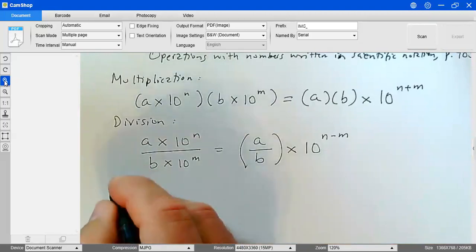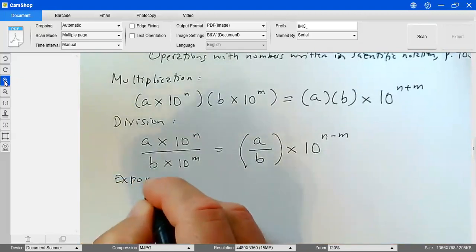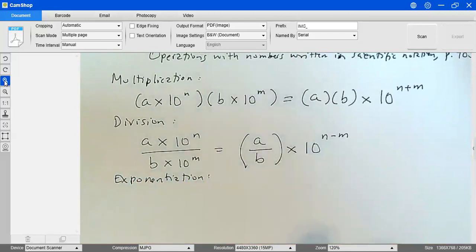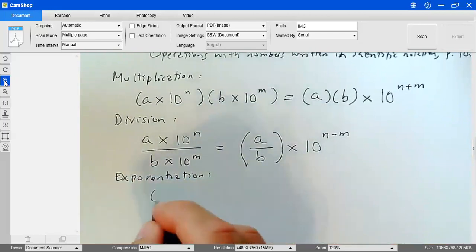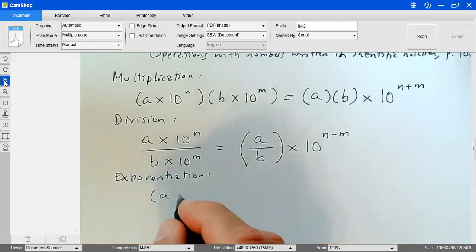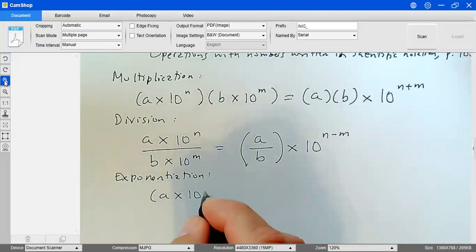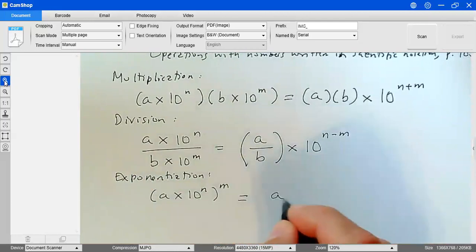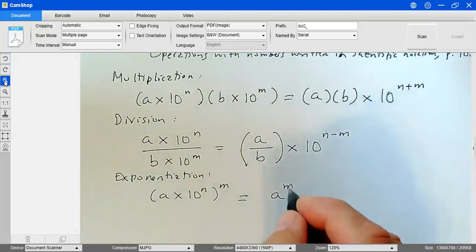And finally, exponentiation, so raising a number in scientific notation to a power. For example, a times 10 to the n raised to the power m. This is going to be equal to raising the mantissa to the power m. That's it. That was the typo. The book has n. That's a mistake.